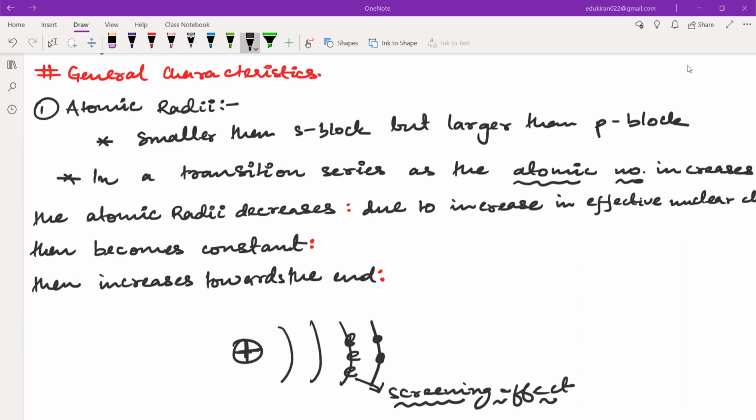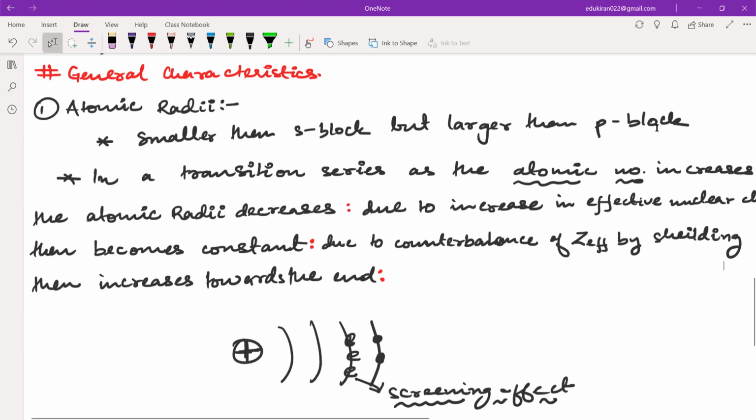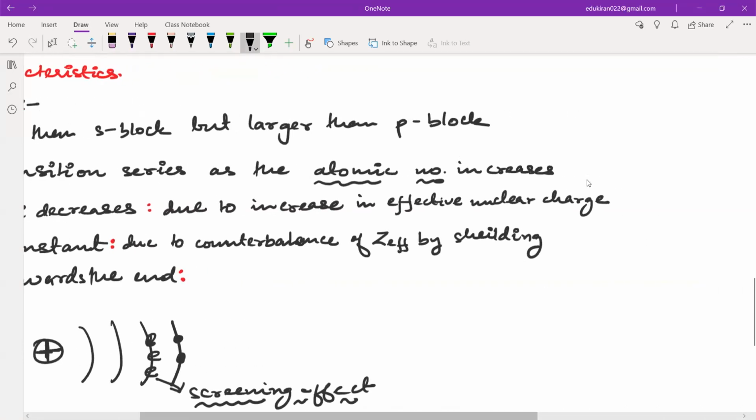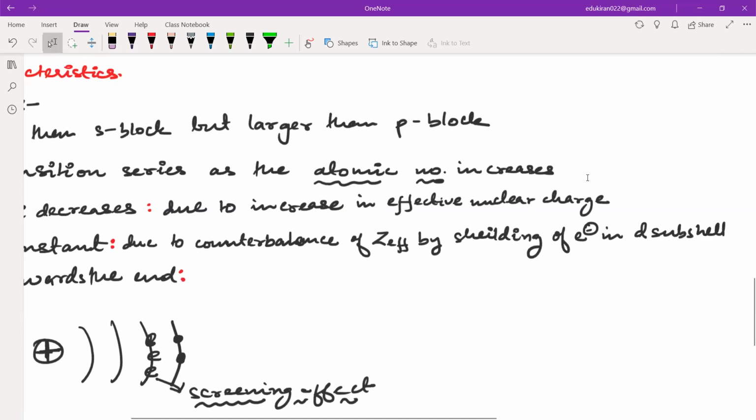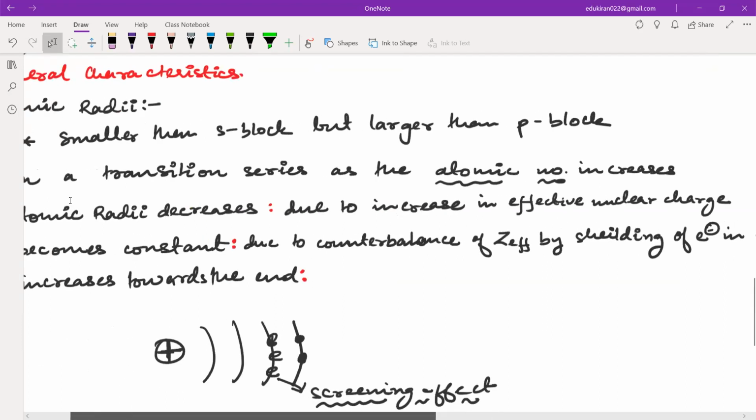Because of counterbalancing of Z effective by shielding of electrons in D subshell, because we are adding more and more electrons.